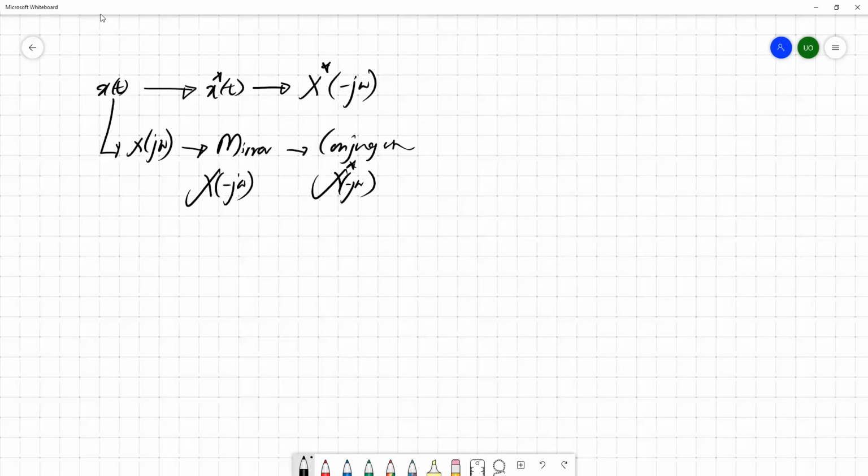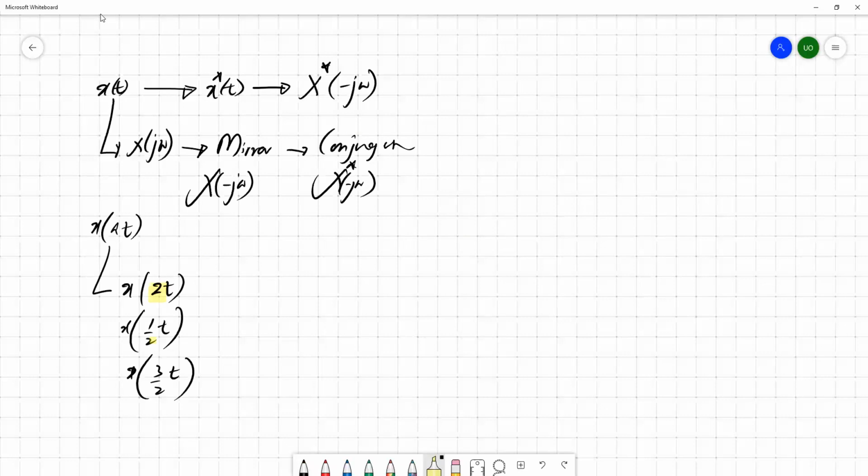Again, if you have a time scaling x(at), for example x(2t), x(t/2), x(3t), like this, and you introduce a time scaling here, you can simply obtain the Fourier transform like this: (1/|a|) X(jω/a).